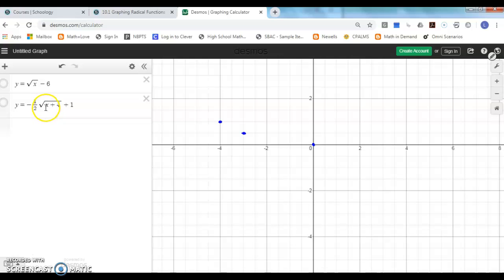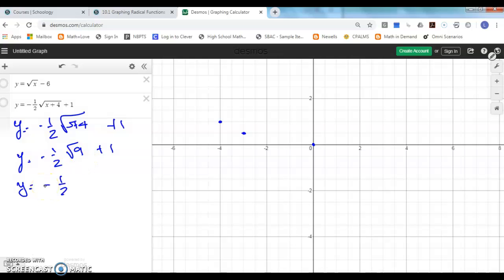So when x is 5, 5 plus 4, let me plug it in. If I plug in 5, you have negative 1/2 radical 9. The process I'm doing now, you could do in your head as well. I'm just showing it so you don't get lost. The square root of 9 is 3.